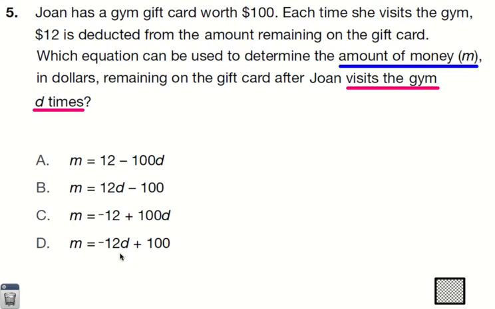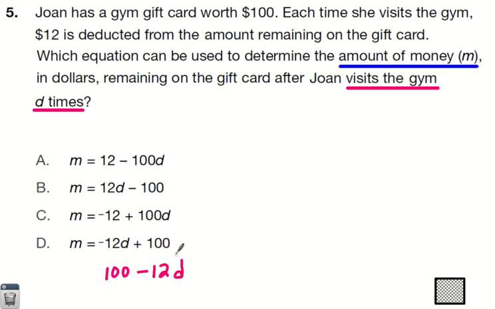So let's see if choice D makes sense. Okay, let's just double check. So we do negative 12 times the number of visits, and then we add 100. In other words, we have $100 to begin with, and then we subtract 12 every time we do a visit.